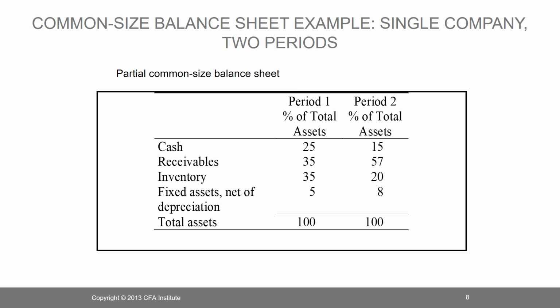So the analyst can turn to other comparisons and ratios, for example, comparing the rate of growth in accounts receivable with the rate of growth in sales, to help determine which explanation is most likely to explain that increase in receivables as a percentage of total assets.